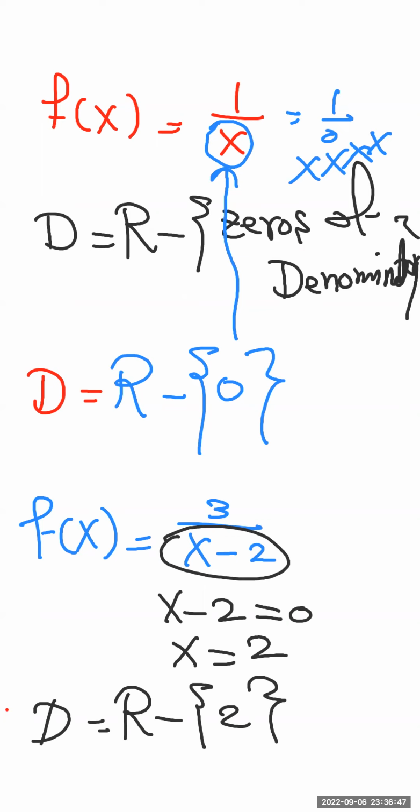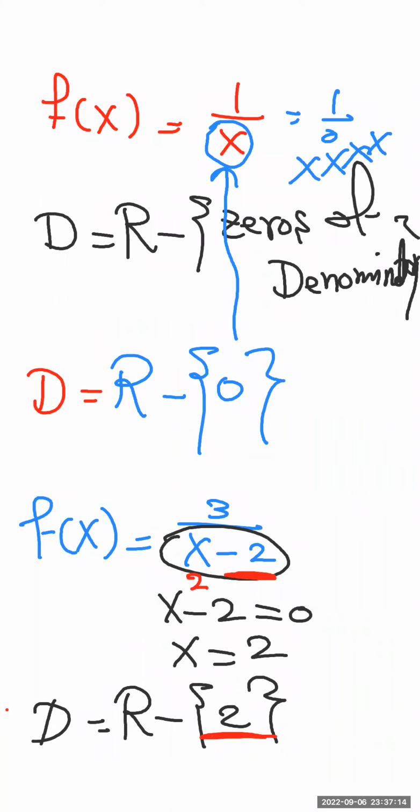If x equals 2, then 2 minus 2 equals 0, so the function will be 3 over 0, not defined. That's why we excluded that one from the domain. So we exclude the zeros of the denominator, in other words, the values which make the denominator equal 0. Okay?